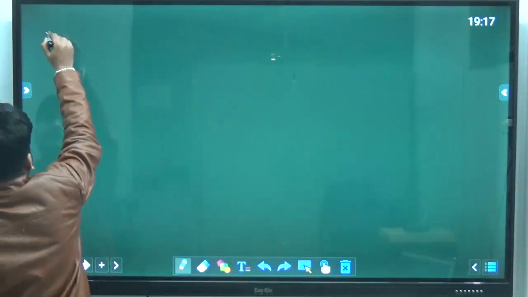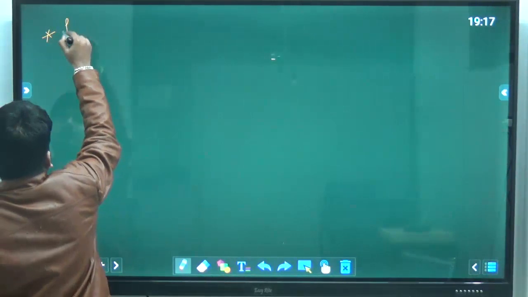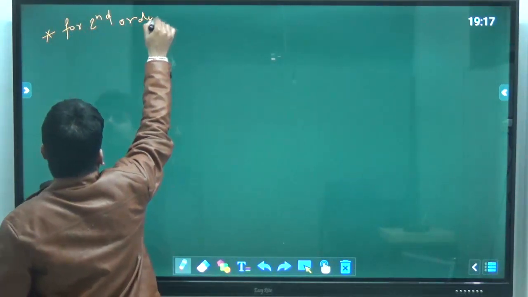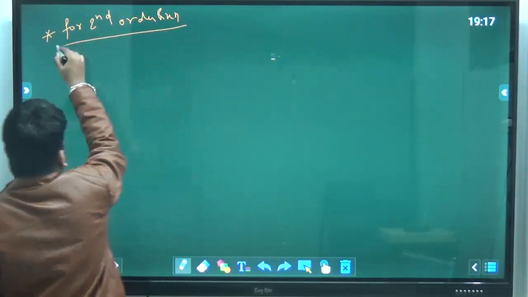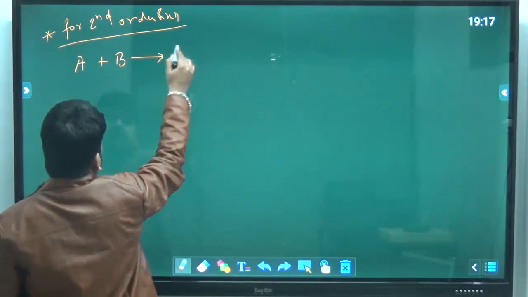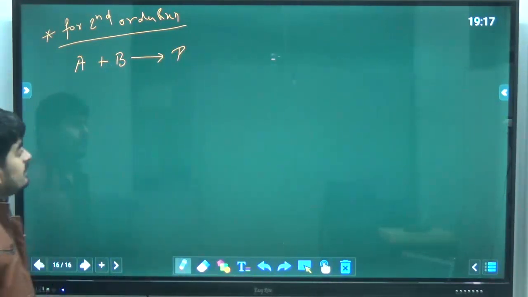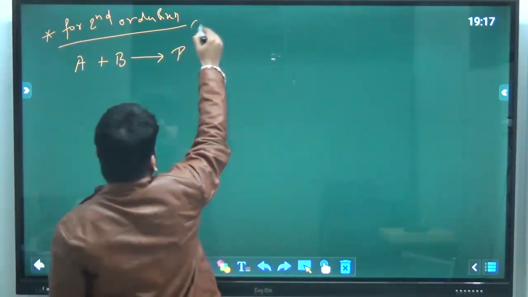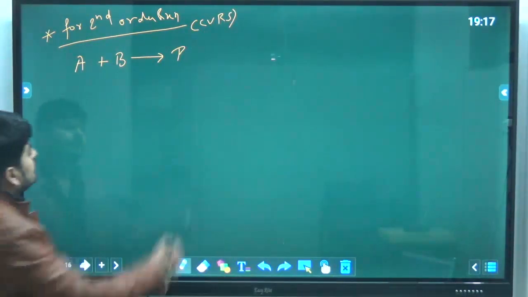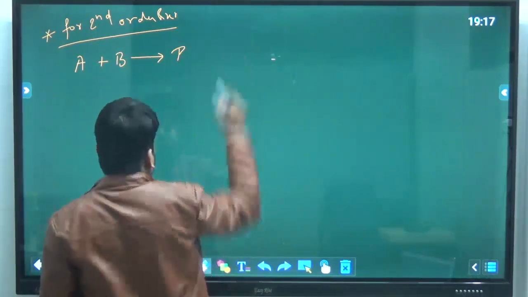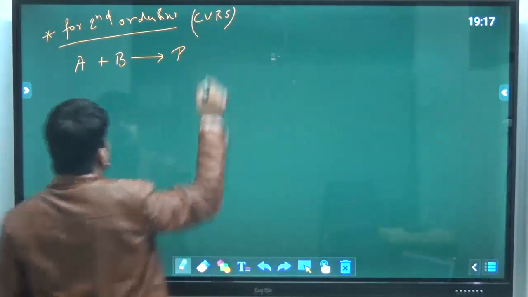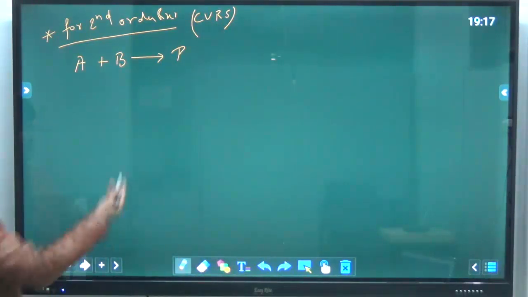For example, for a second order reaction having two reactants like A plus B gives P, obviously in CVRS only.